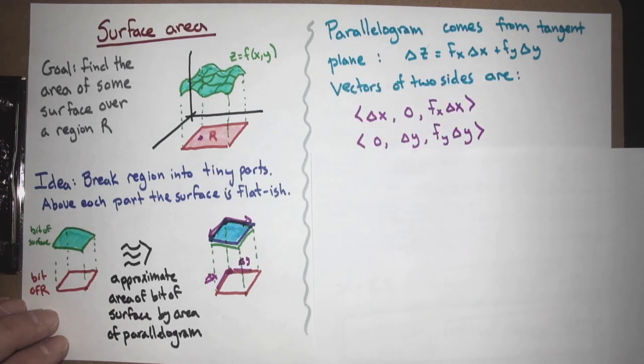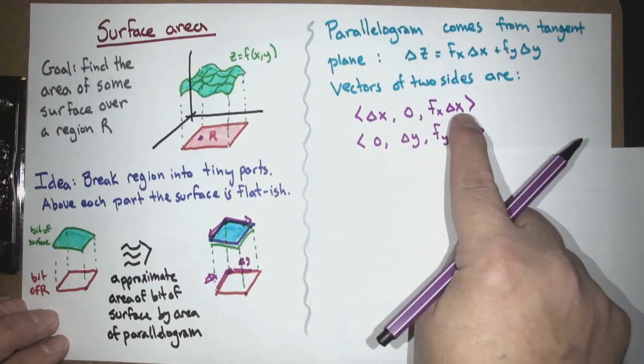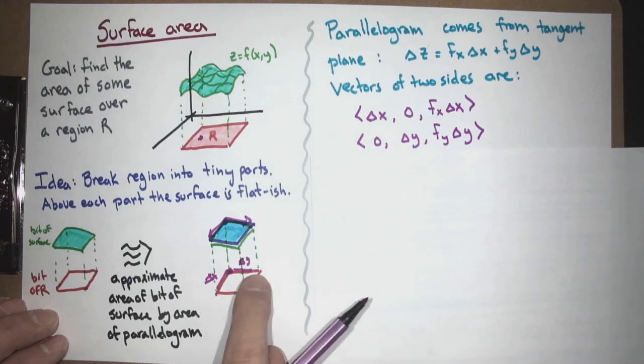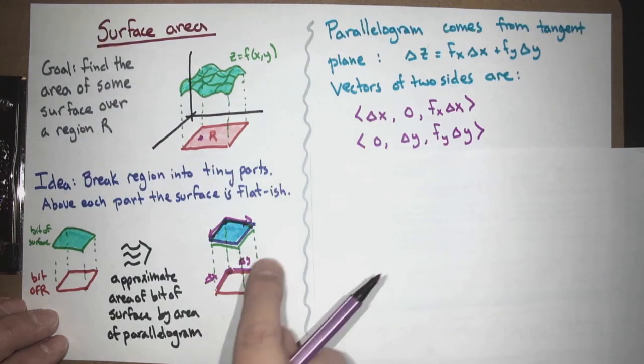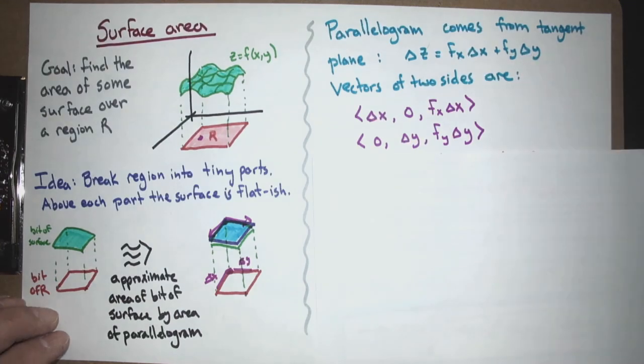Well, the one above where I only change x, there's no change in y, so it's change in x. My change in z follows the tangent plane. For the part above, only the change in y, there's no change in x, and then the change in z follows my tangent plane. I have the two sides of my parallelogram.